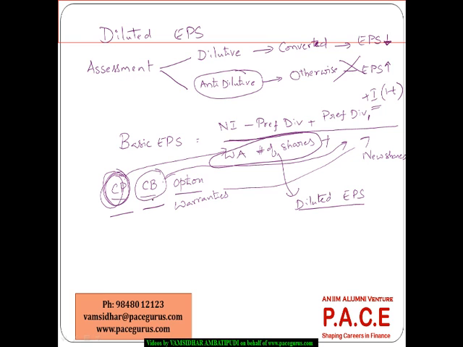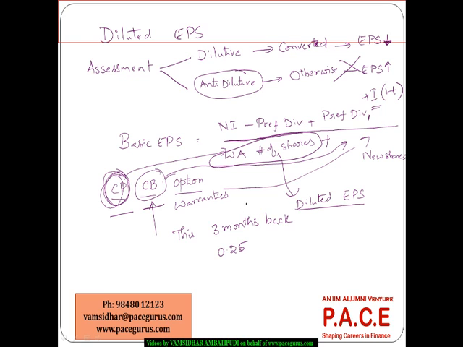And especially if this dilutive security was created only this year, just 3 months back, then even for the computation, I'll not include the whole year; I'll take only the weighted average, which is 0.25 weightage.